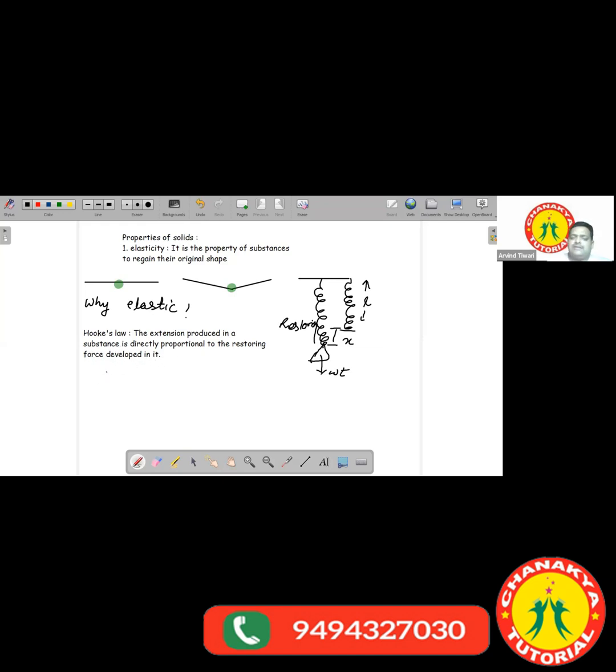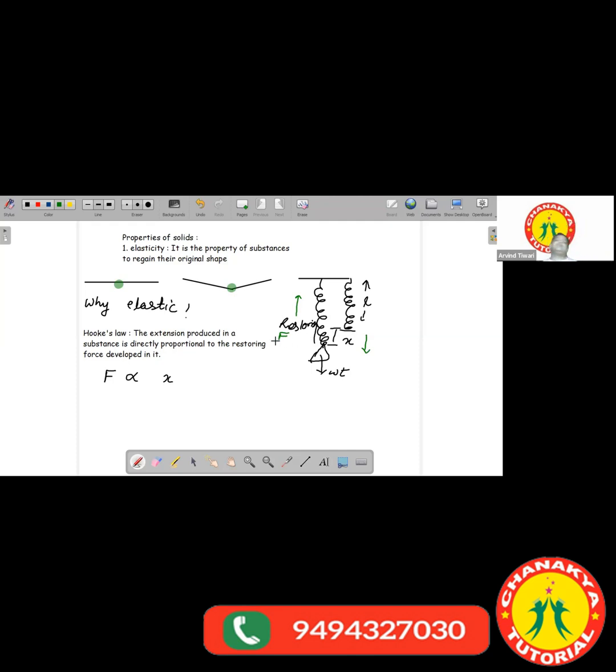By Hooke's law, the restoring force is proportional to the extension. Here extension is denoted by the symbol x. But another point to be noted here: the restoring force is set up in the upward direction, but the extension which is produced in the spring is produced in the downward direction.